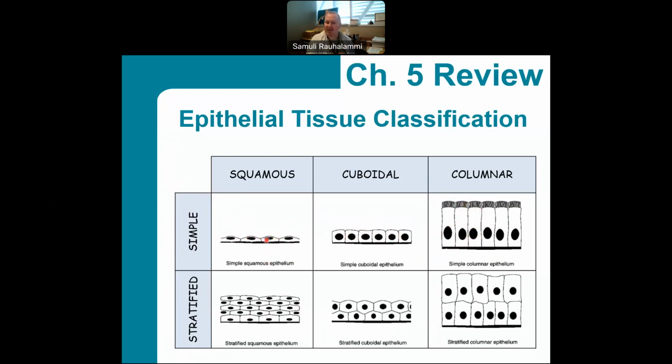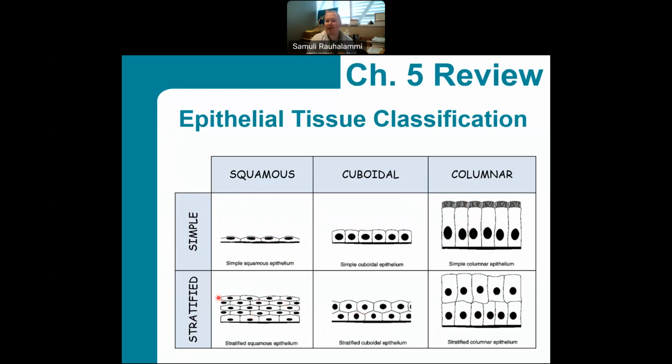It's obviously easier for materials to pass through squamous layers than it is for materials to pass through columnar layers. Now let's have a look at the shape of the cells as it comes to multi-layered tissues.